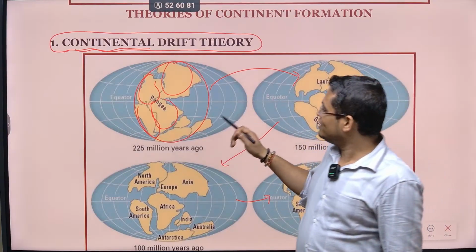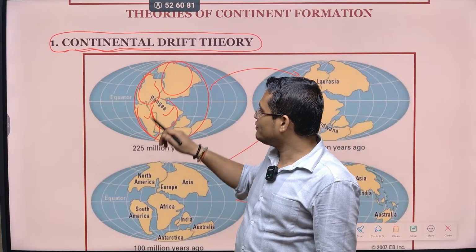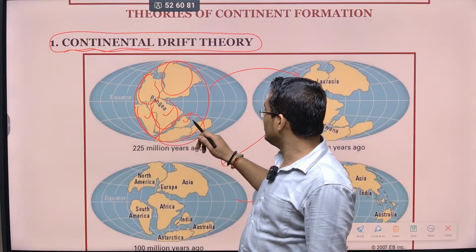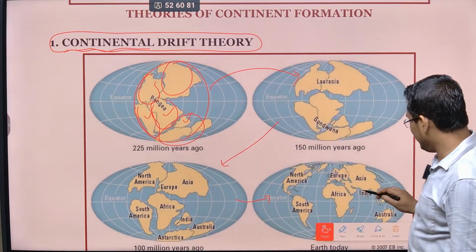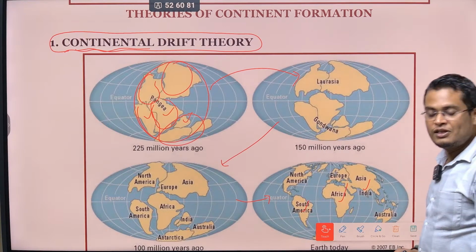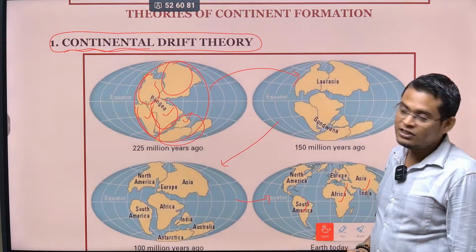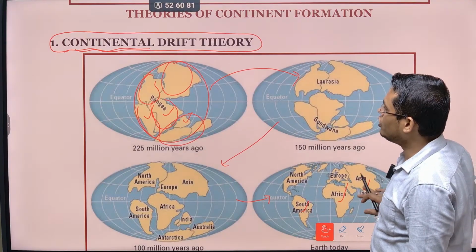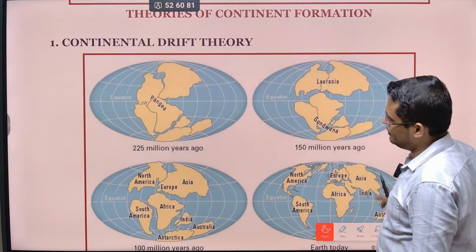So earlier you can see here Africa and South America are very close, and this is India. India is near the Arctic, but now in the present position India is here. Here it is South America, this is Africa. You can see clearly the positions of the Earth keep on changing. So that is what led to the proposal of the theory called continental drift theory.